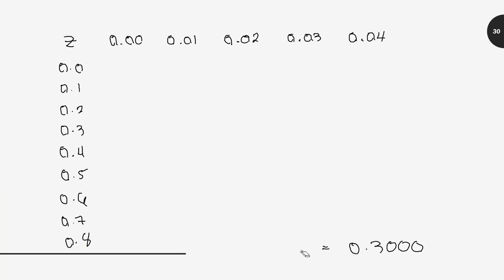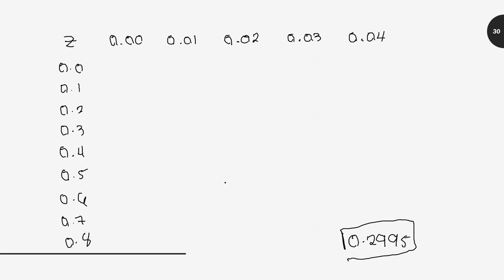Ang pinakamalapit na po na number dito po sa 30% natin is yung 0.2995. Kasi yung kasunod po niya, greater than na siya actually ng 0.3000. So, ito yung kukuhain natin.